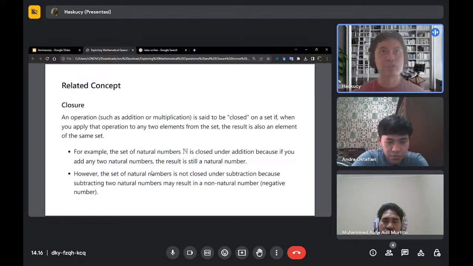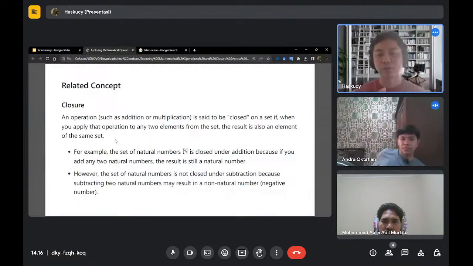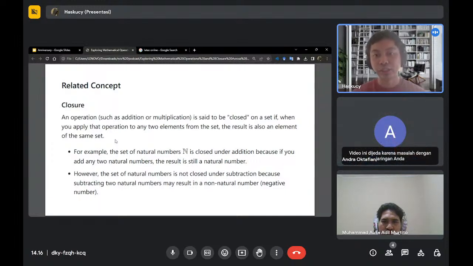Now, closure is just that an operation is said to be closed if when you apply that operation, the result is also in the same set. For example, if you have natural numbers and you apply addition, adding two natural numbers, the result should be a natural number also, right?